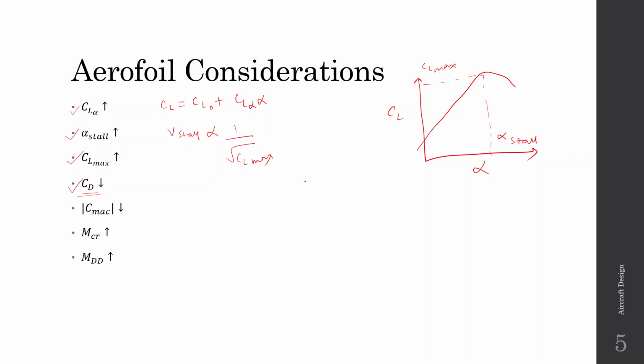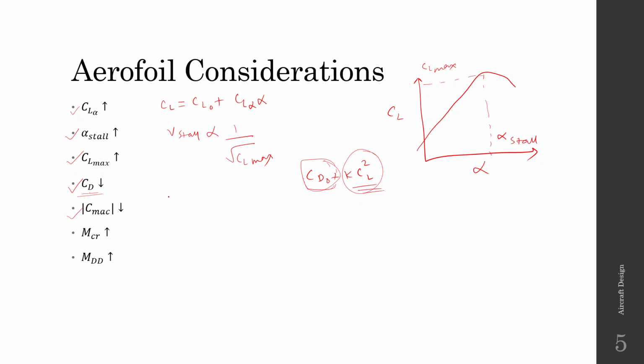We can write the CD as CD naught plus K CL square. So this CD, for an aerofoil, will be this one. This is the induced drag, so this comes into picture when we have created a wing out of the aerofoil.